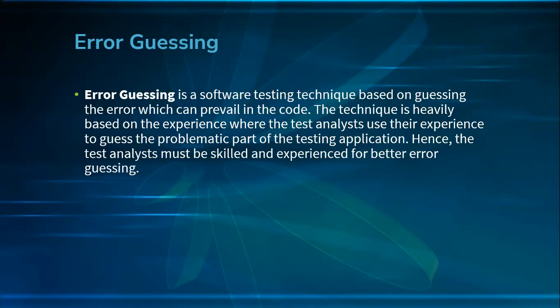So, for example, you can guess for a login what the errors are that can prevail. We have been given a specification. It should be alphanumeric. It should be 8 characters.